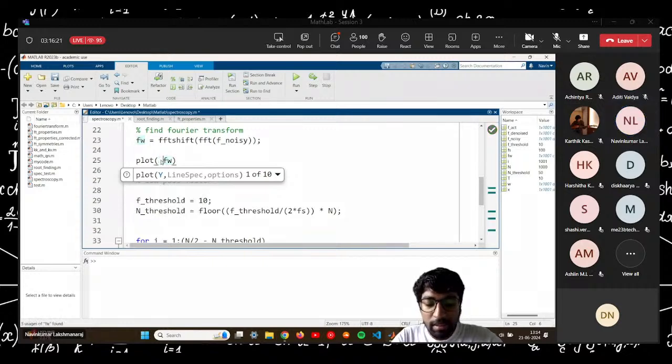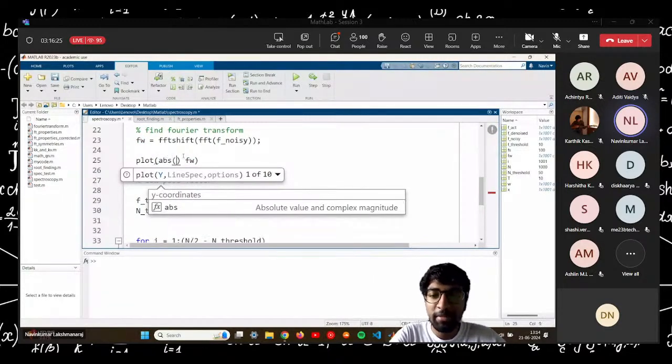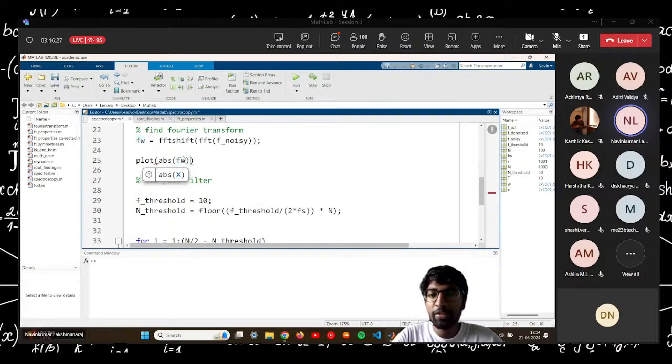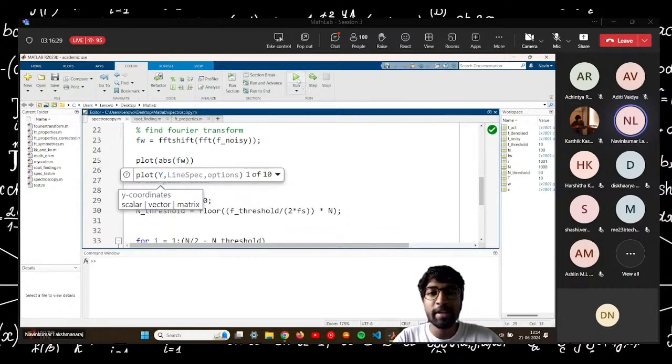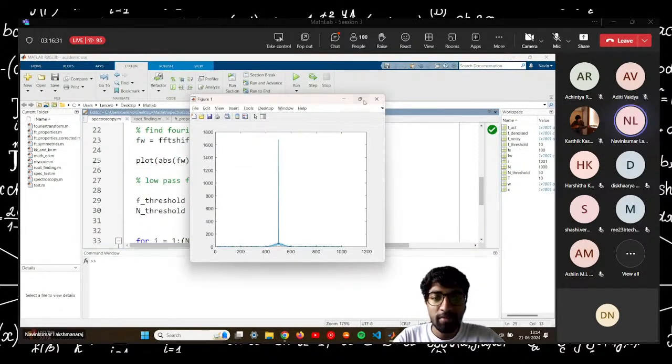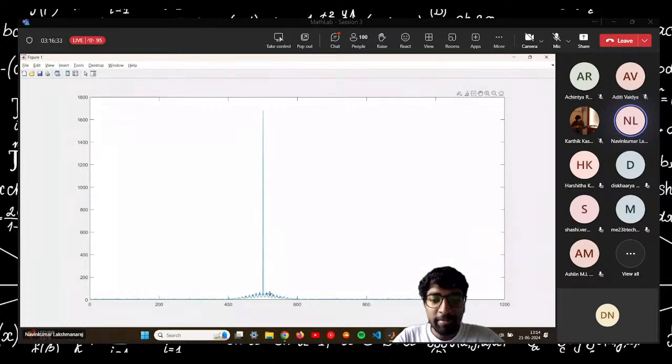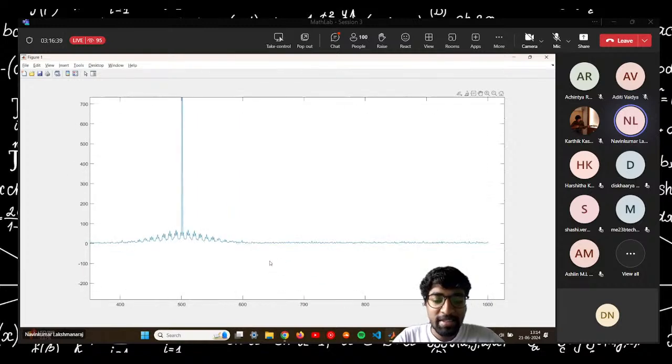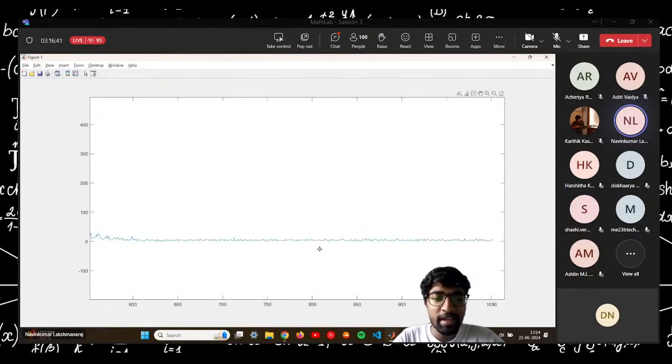Fine. Since f of omega is complex as well, it wasn't able to plot properly. I will take only the absolute value of f of omega and plot that for now. So what you'll see is this. A lot of the meaningful data is centered around here with the low frequencies, and you get the components relating to noise in the high.